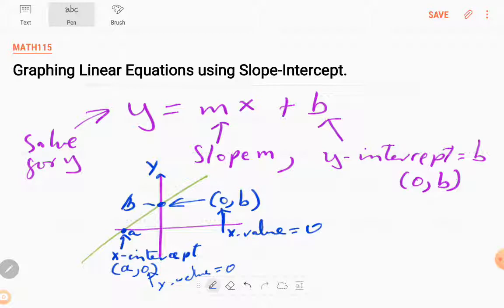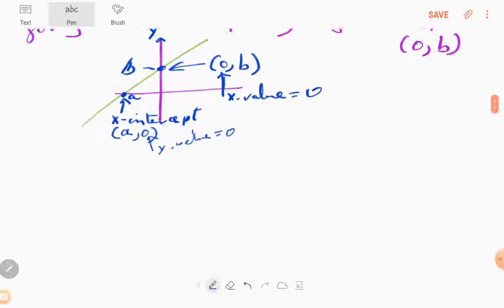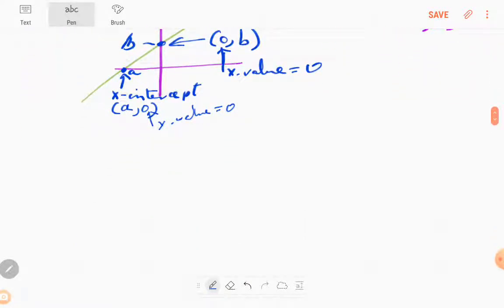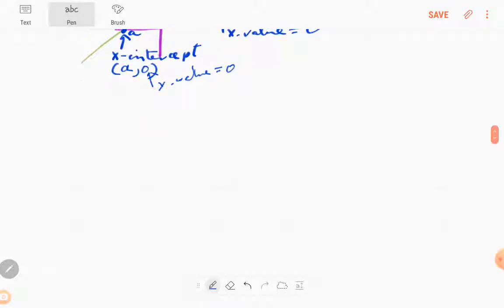Okay, so now we'll use this information, we'll use the y-intercept, to help us graph the straight line. Let's look at an example.